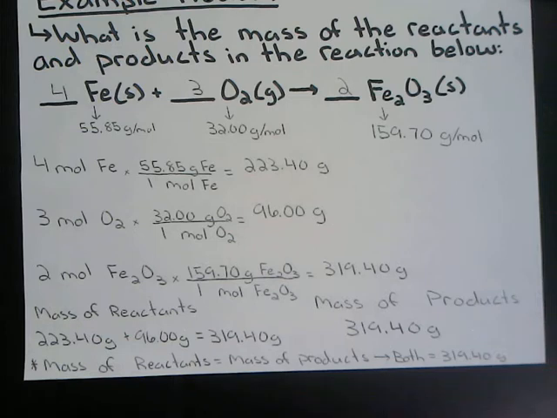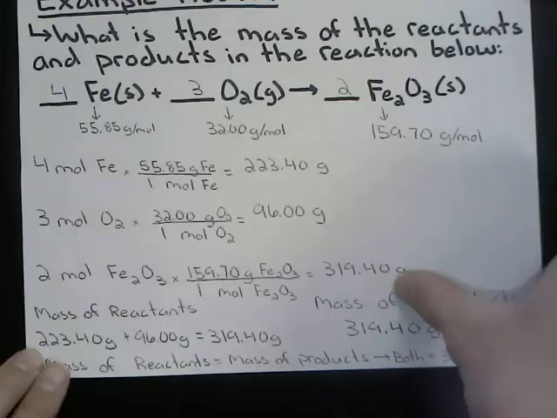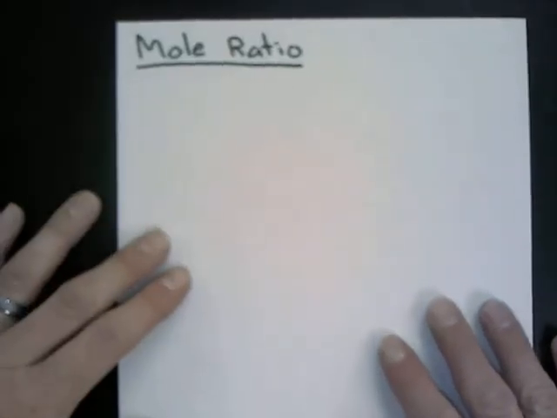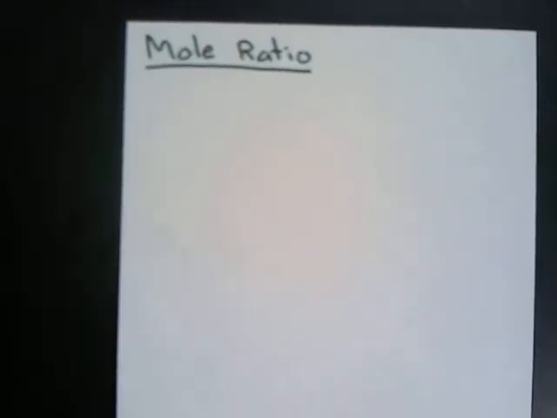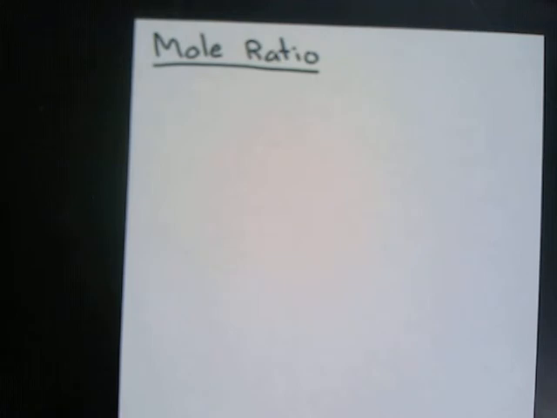Now what we're going to transition to is what we call mole ratios. Okay, so moving on to the mole ratio, all right? The mole ratio is defined as a ratio between the number of moles of any two substances in a balanced chemical equation.